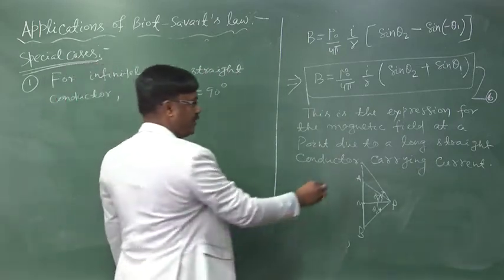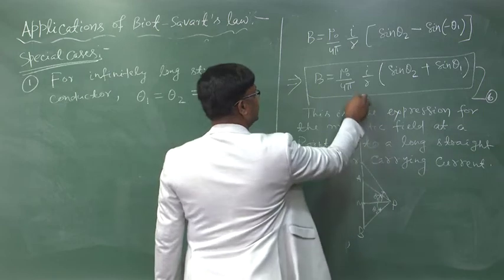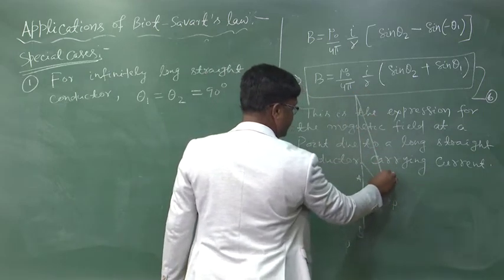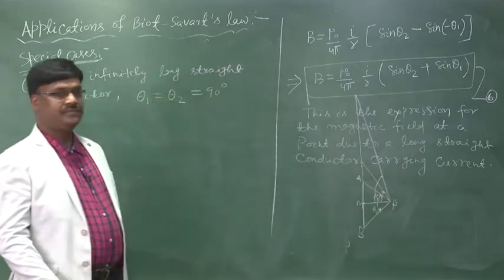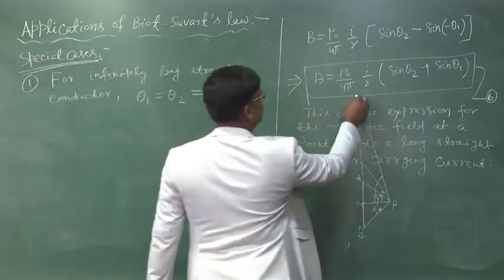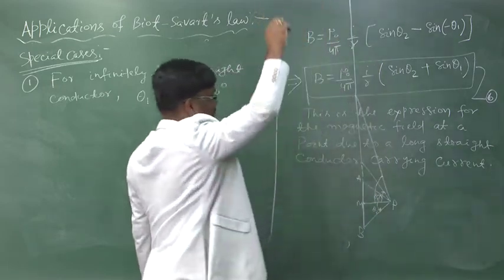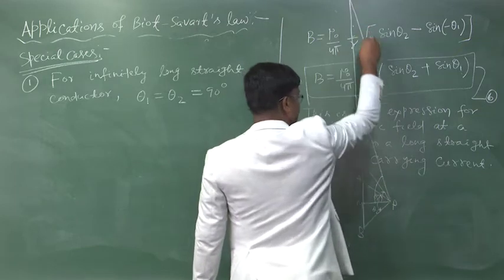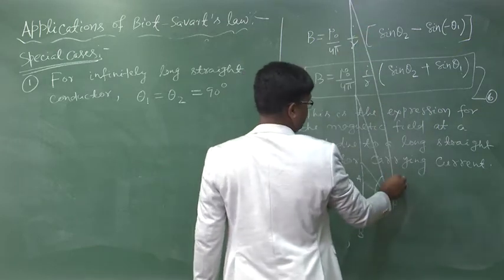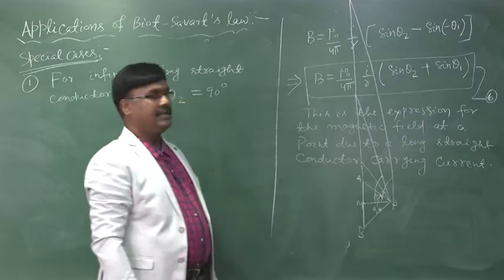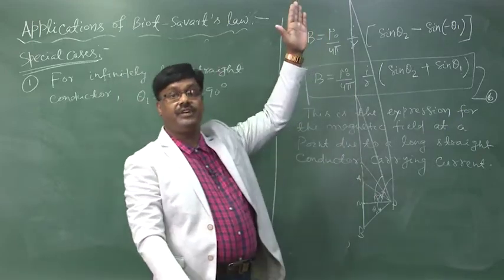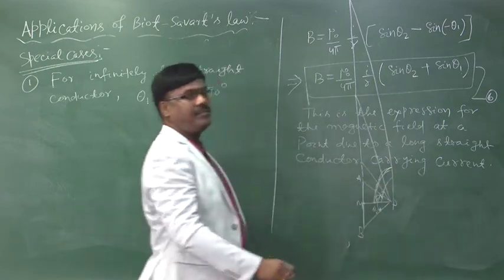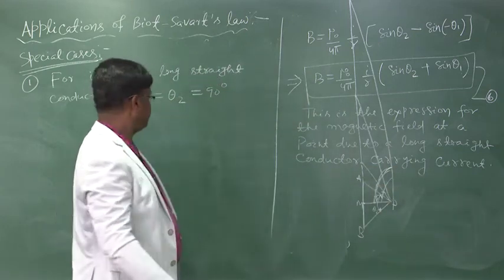And if we increase once again to this, then the angle will be this much. And if that length is extended to infinity, then the angle will be like this. If it extends to infinity, then this value will be maximum, and that is 90 degrees.